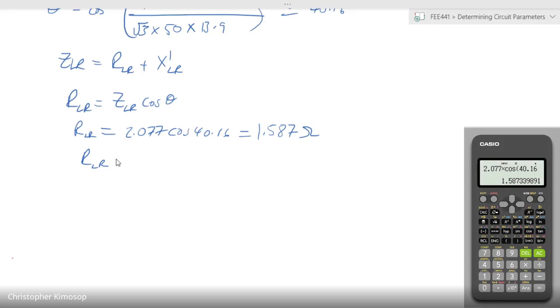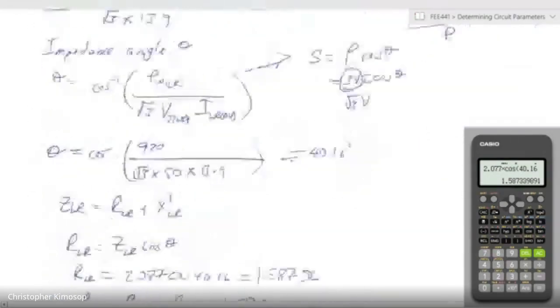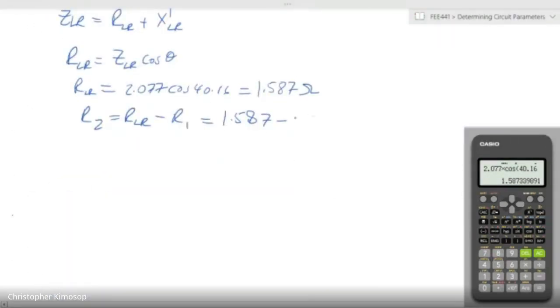R2 is equal to RLR minus R1, which is 1.587 minus, all the way at the top, 0.243. It is 1.344. Okay.